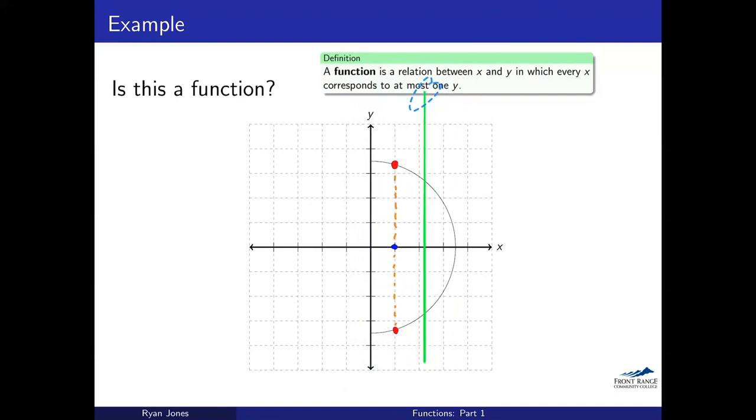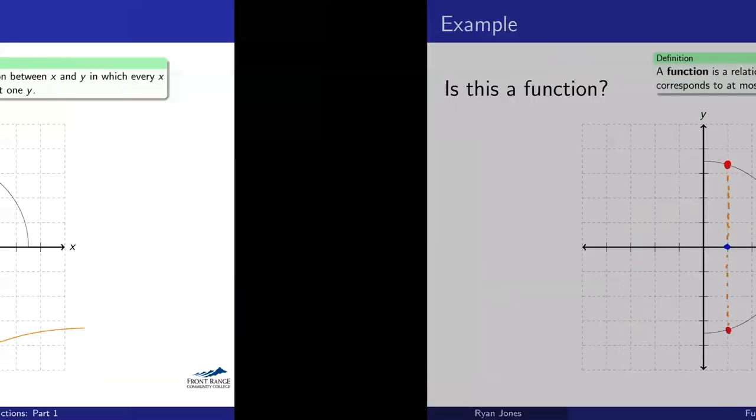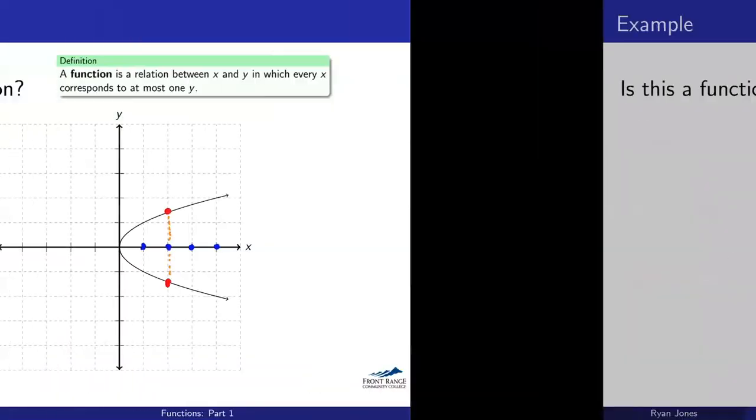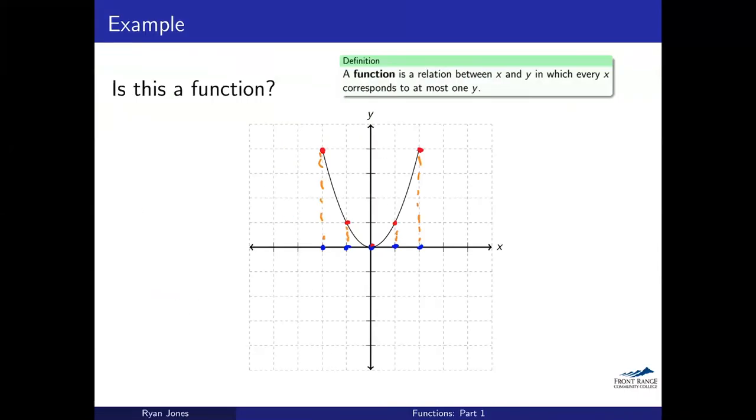Let's do a different example. Let's go back to this parabola here. So if I look at this parabola, we'll go ahead and make our big bright green line. And if I move this green line across, what you can tell is that there's only one intersection point between the parabola, that curve, and the green line.